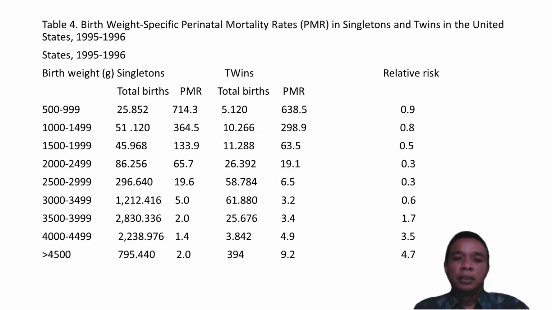Table 4, birth weight-specific perinatal mortality rates, PMR, in singletons and twins in the United States 1995 to 1996. Birth weight, singletons, twins, relative risk, total births and PMR.